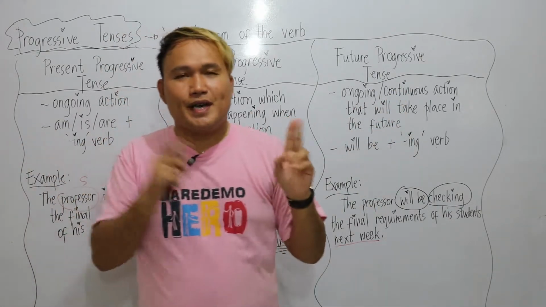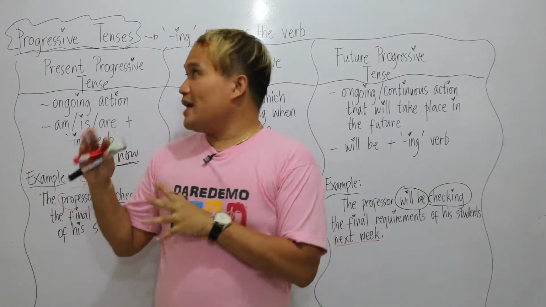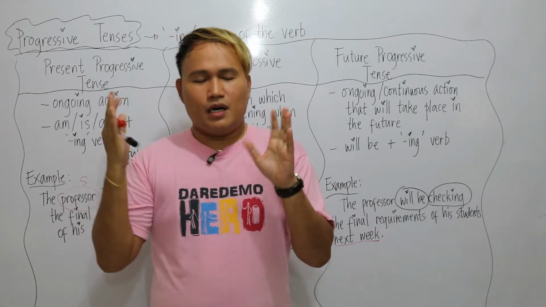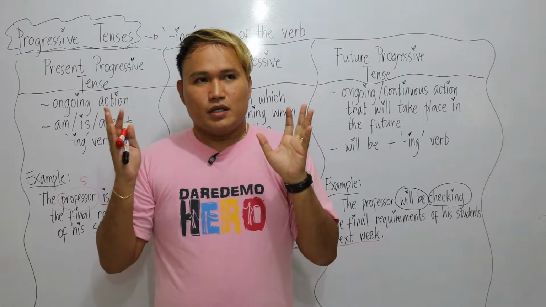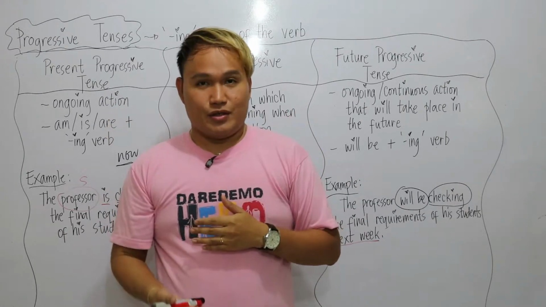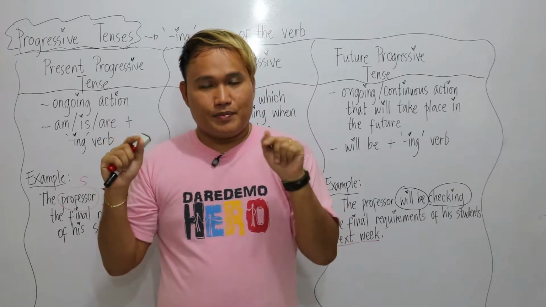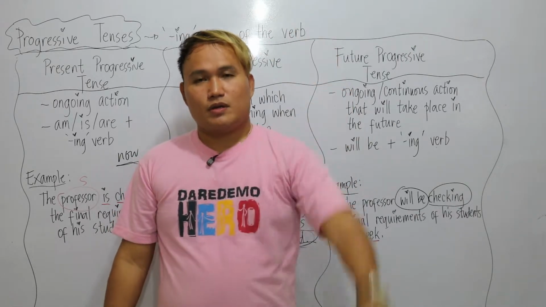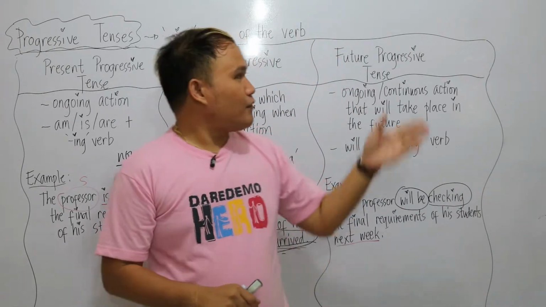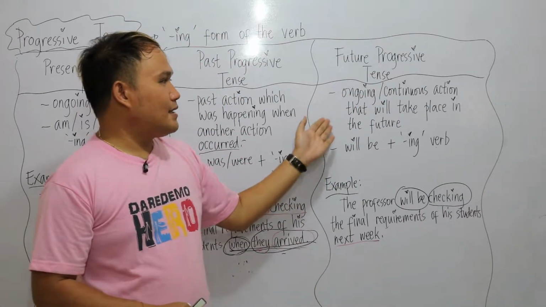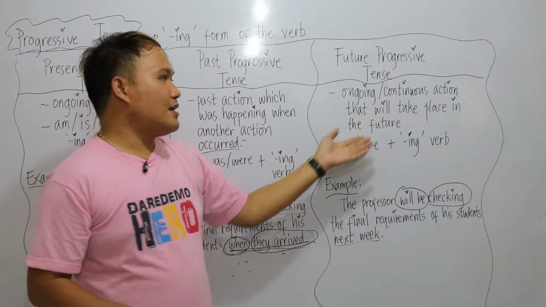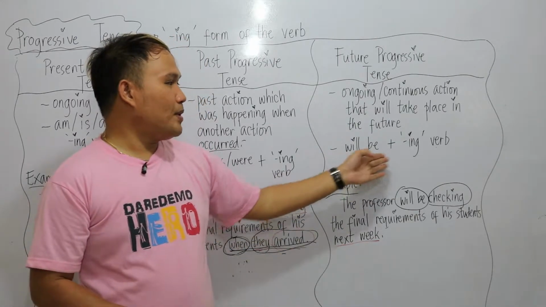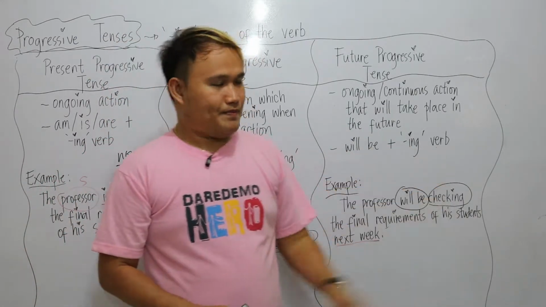Always remember, take note that for progressive tense, it only refers to an ongoing action, may it be in the present, from the past, or in the future ahead. So for future progressive tense, it's still ongoing or continuous actions that's going to happen in the future. Now the formula is will be plus the ing form of the verb, as always.